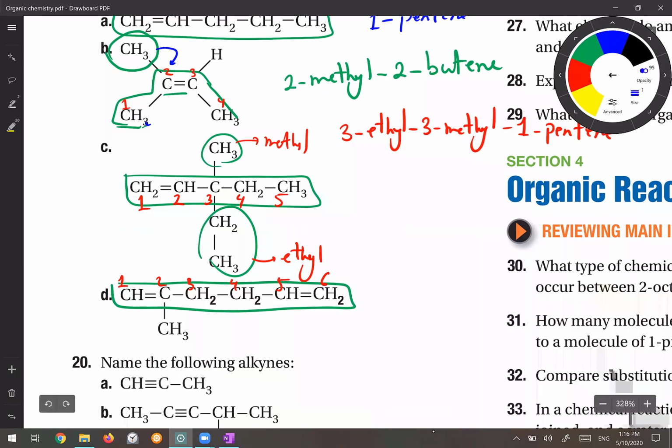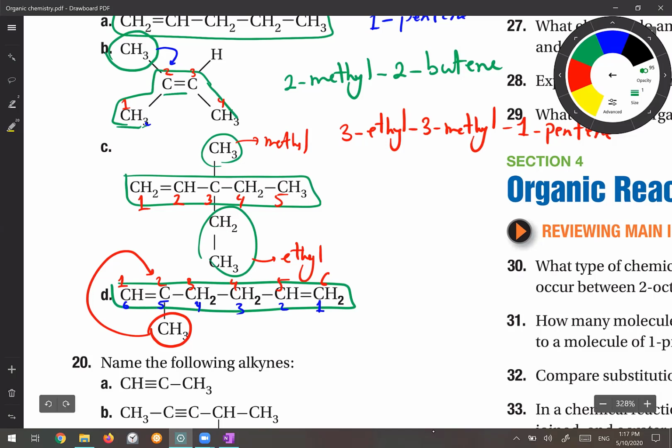If you number it from the right side also, one of them is on the first position, and the next one is on the 5th position. So for the double bonds, there is no difference from which side you number it. But if you number the parent from the left side, the branch receives a smaller number. It receives number 2. So you have to number it from the left side.